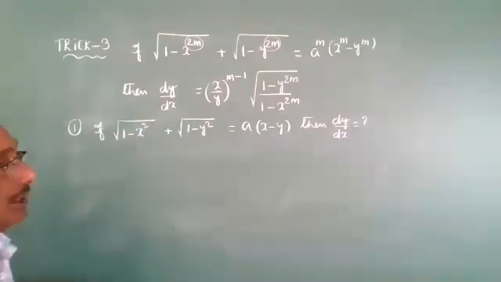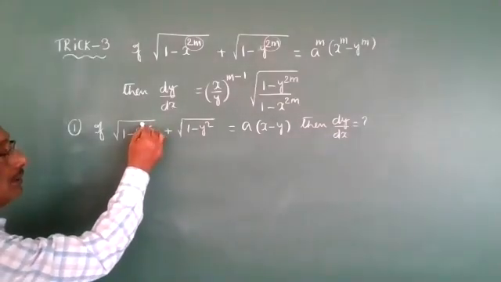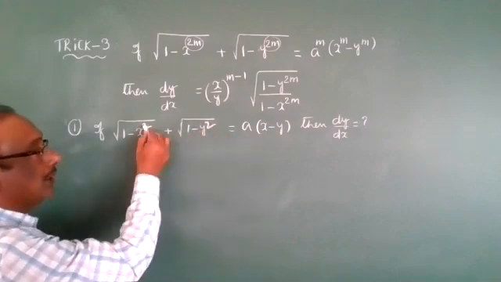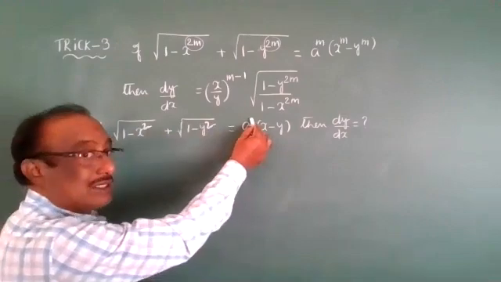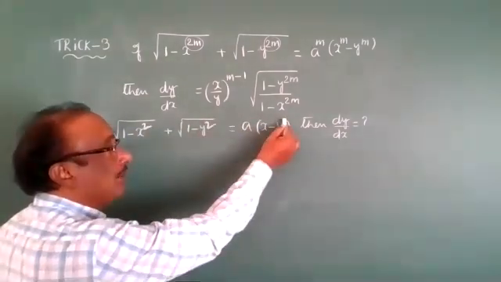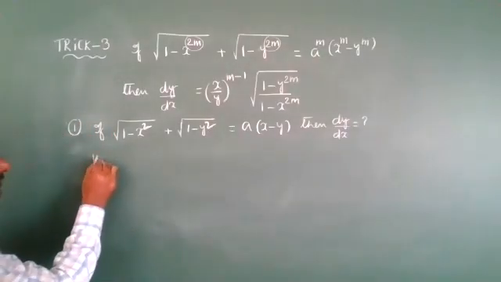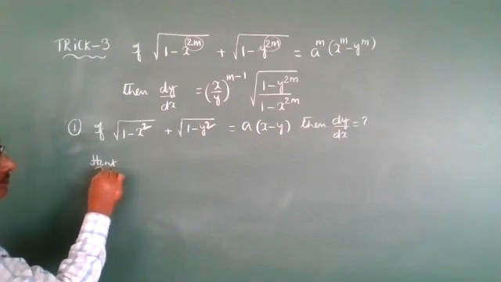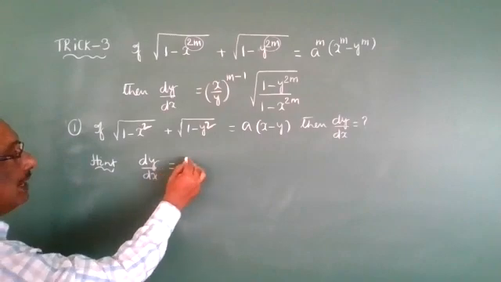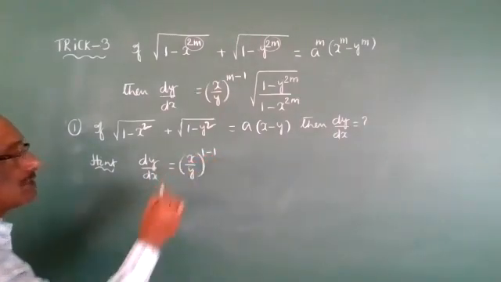So this problem I am doing like this. Here the power is 2, here also the same power 2. 2 half is 1, so constant power of 1, x power 1 and y power 1. I will write the simple notation. See, dy by dx is equal to (x by y) to the power minus 1.